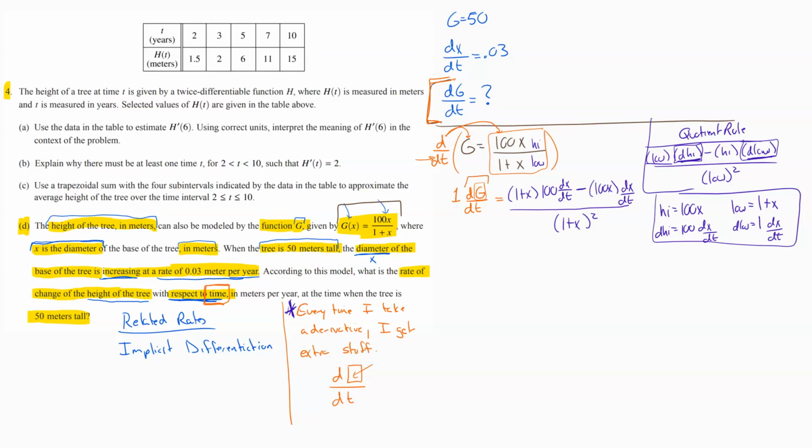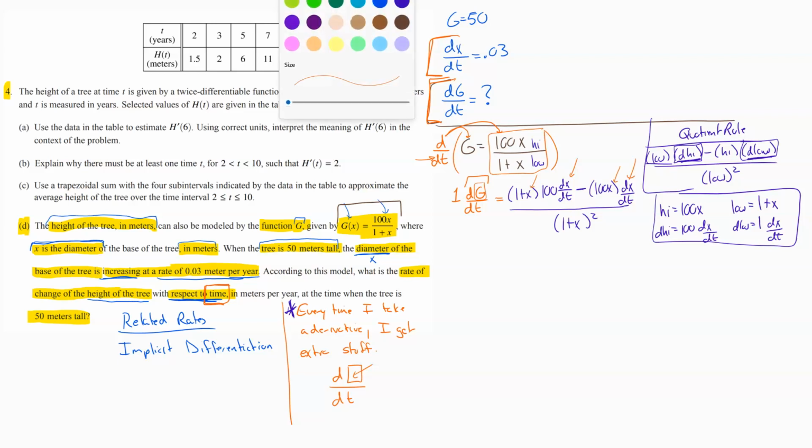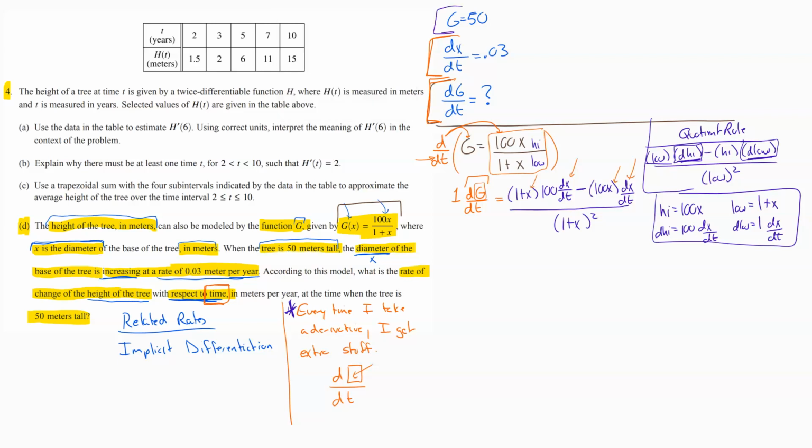And what I want to be able to do is now plug in for all the variables in that formula. Well, I have a dx dt that was given to me, so I can plug in there, but I'm missing an x value. So now you have to pause and say, okay, so how am I going to find that x value? Why did they give me this piece of information?